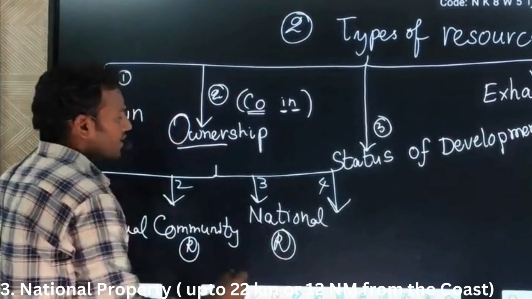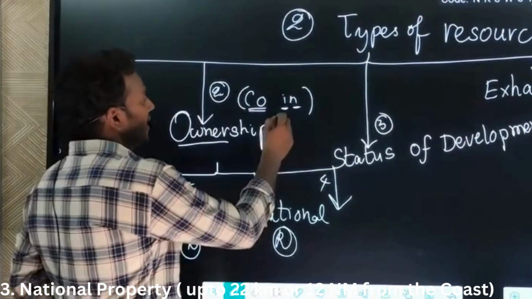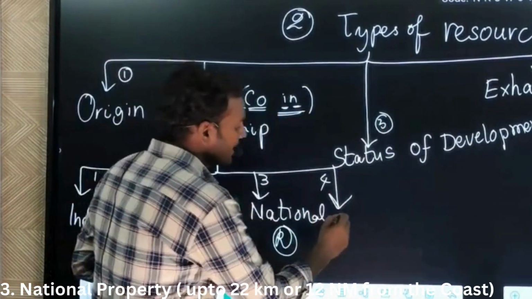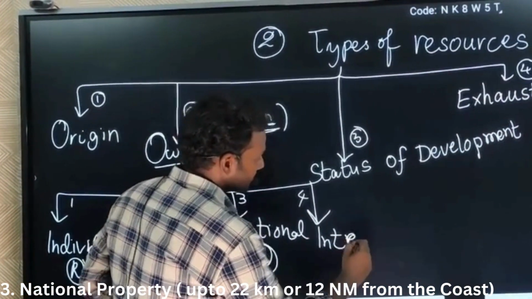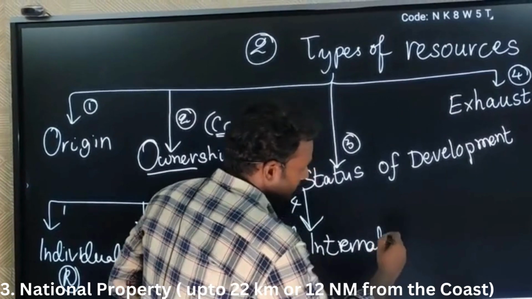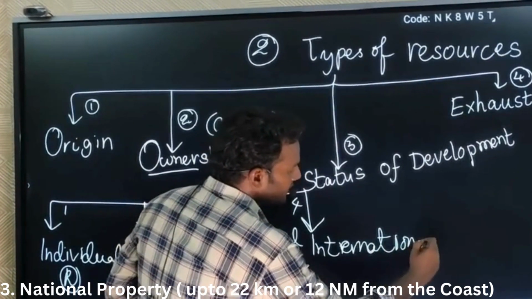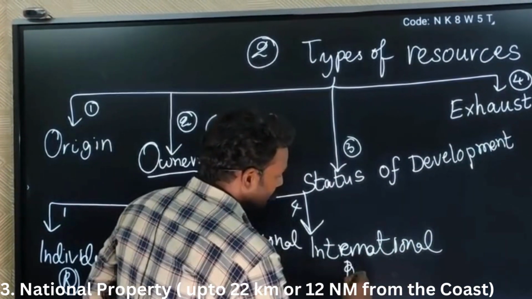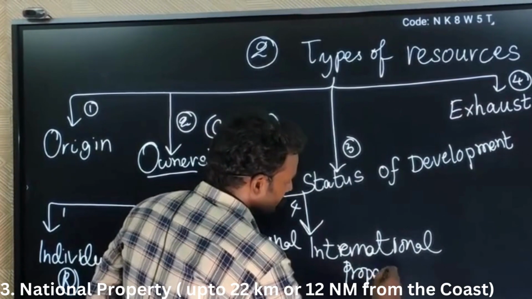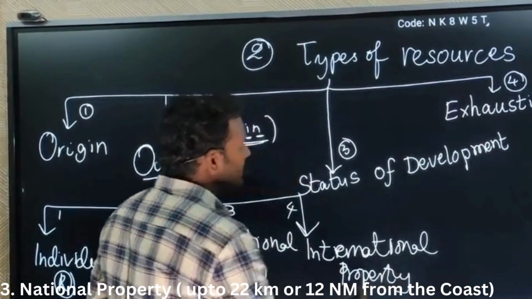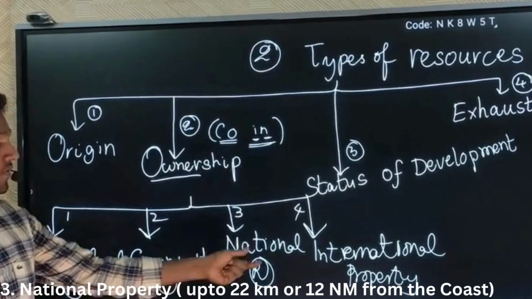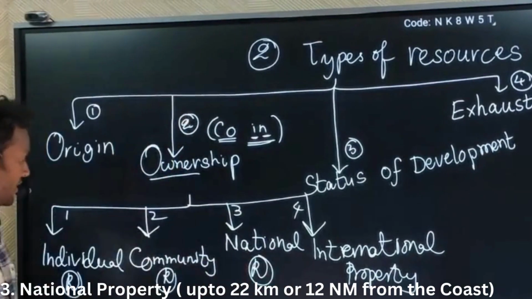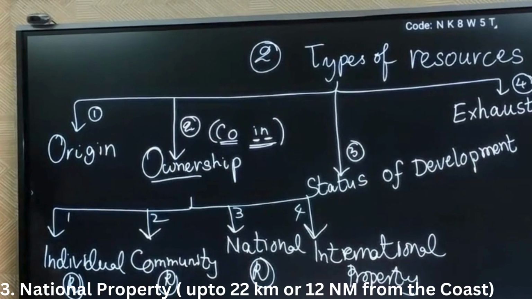Coming to IN, it stands for international property or international resources. Okay, we will discuss one by one: what is individual property, what is community property, what is national property, what is international property, and what is the difference between all these properties.